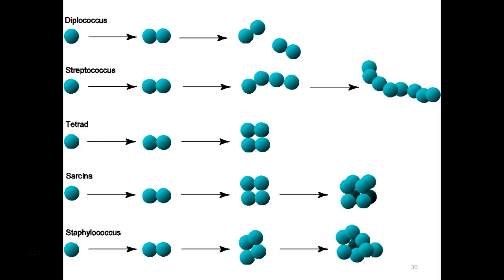So if you were to look at staph under the microscope, it would be cocci, and it would be in clusters. Staphylo refers to that clustering effect, them clumping together. Sarcina is the name given to that packet that you'll see. And this is also another genus name. Tetrads are also formed, and this is where you have that group of 4.